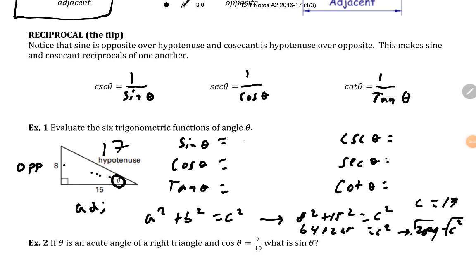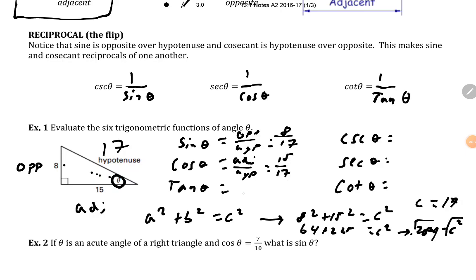Okay, sine of theta is opposite over hypotenuse, which is 8 over 17. Cosine is adjacent over hypotenuse, which is 15 over 17.